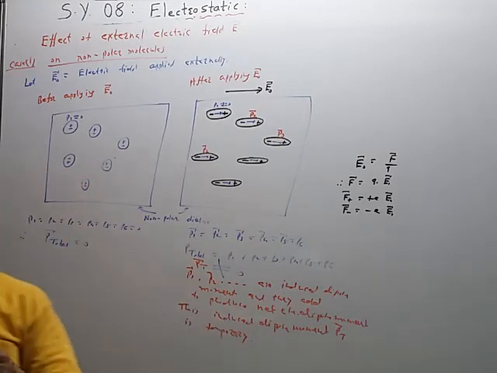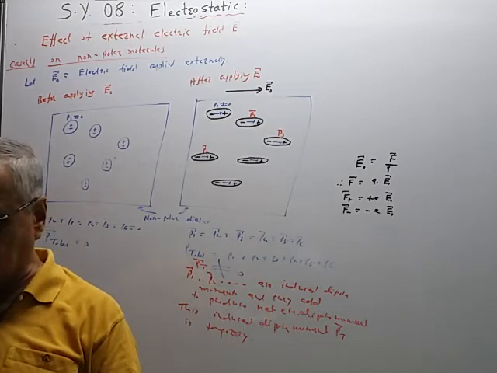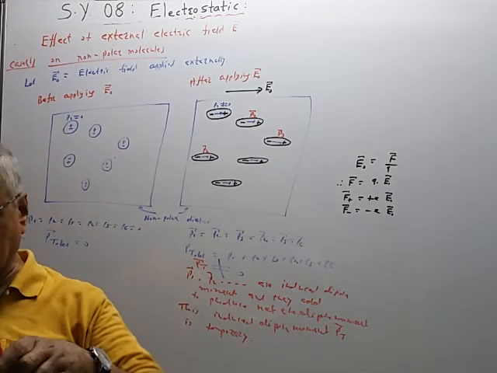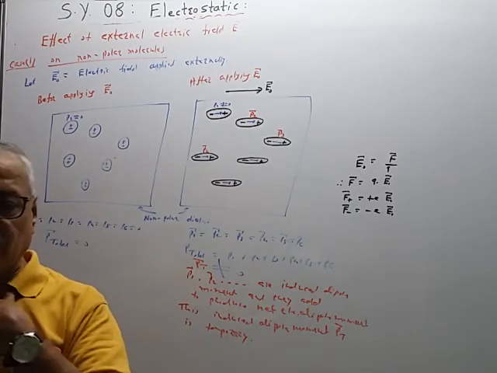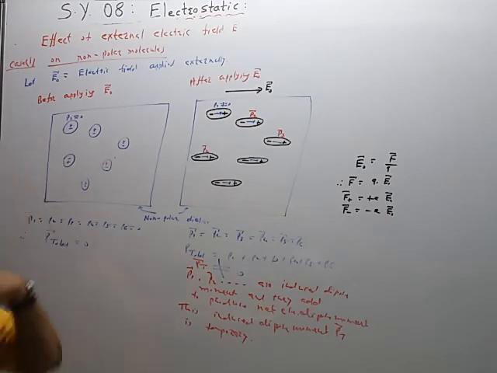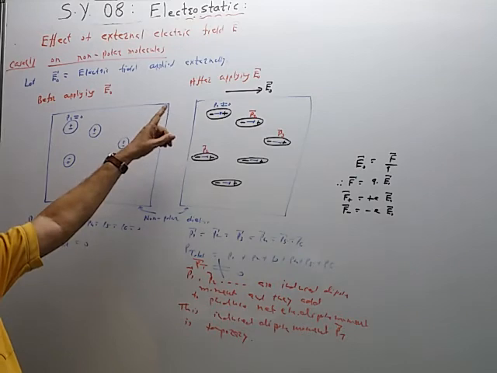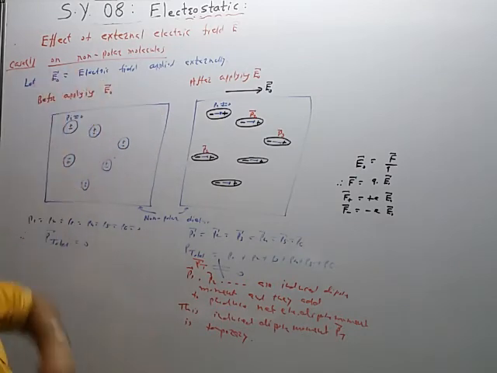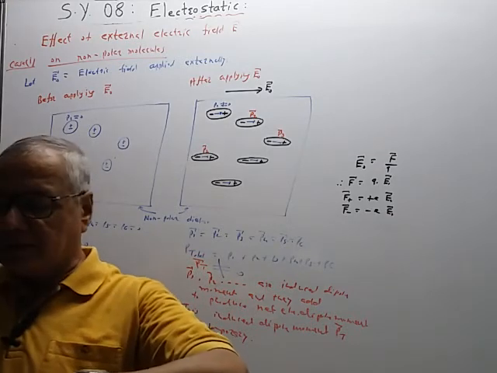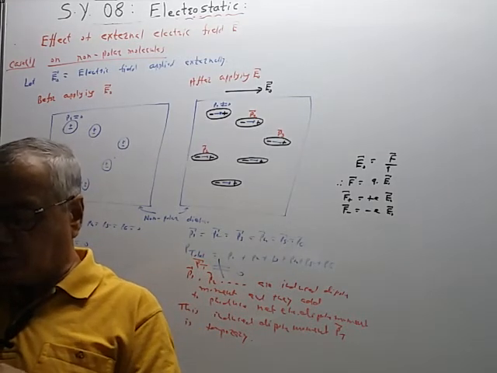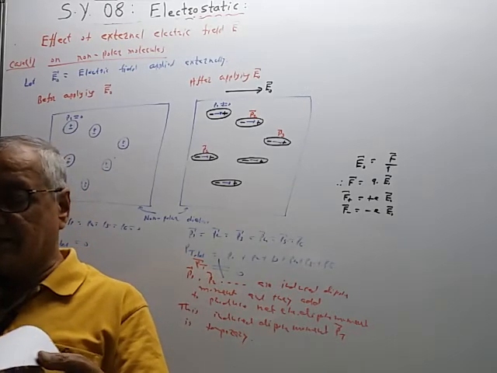When the electric field is removed, the substance again returns to its original condition, and therefore this is the effect of electric field on the non-polar dielectric. Now we will consider the next case, that is the effect of external electric field on polar dielectrics.